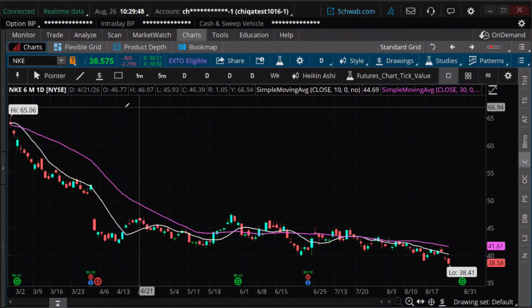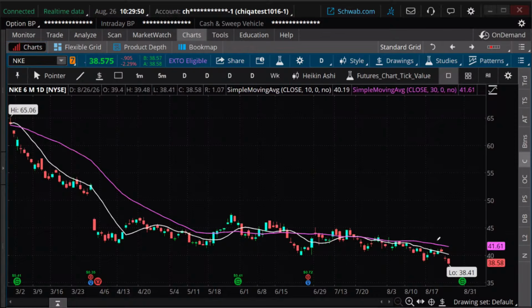On the verticals, we're going to say, I don't think it's going to go back above about this level. So I'm going to say 40. And I think it's going to go down a little ways, maybe not all the way to 35. Remember, we're only going out like 3 weeks on this or something like that. So maybe in between there, between the 40 and the 35. We'll see what's available here for us.